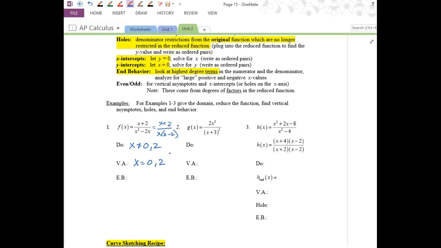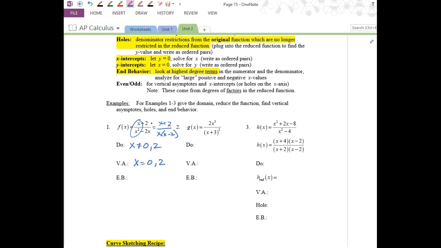All right, so end behavior. There's kind of two ways I'm going to think about this. I'm going to start by thinking about horizontal asymptotes. If I look at this and I go back to the original, which case is this? Is this bigger on top, bigger on bottom? Bigger on bottom. So where is the horizontal asymptote? 0. So what is the end behavior of this function?